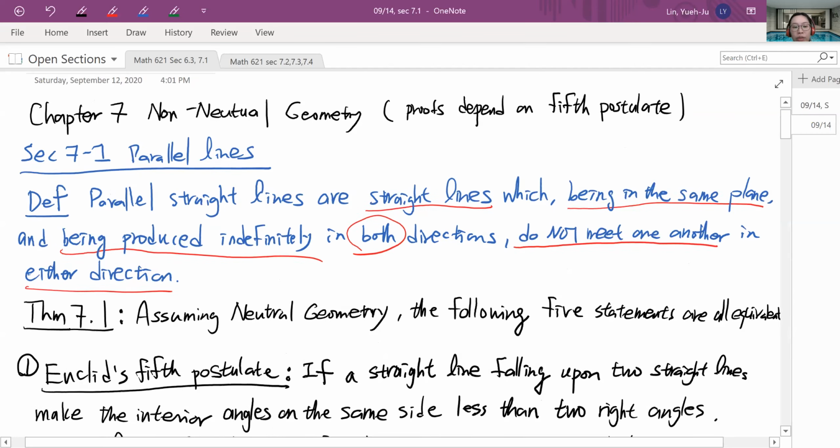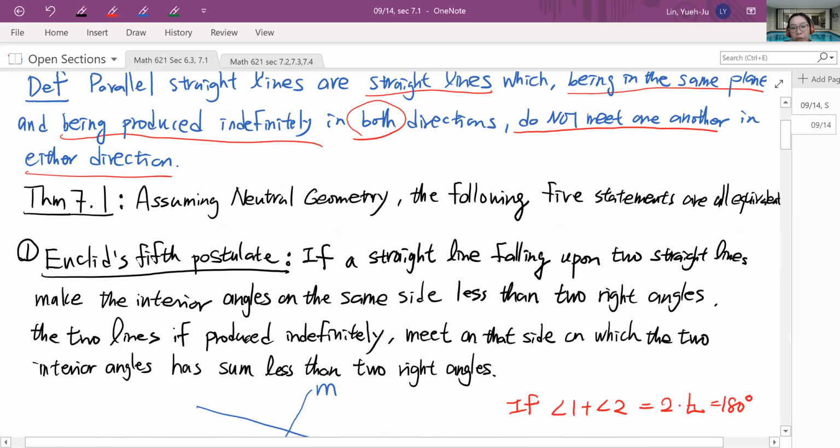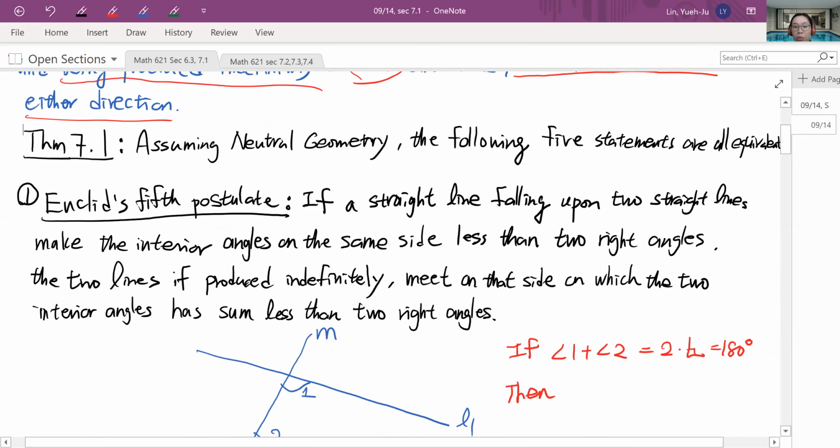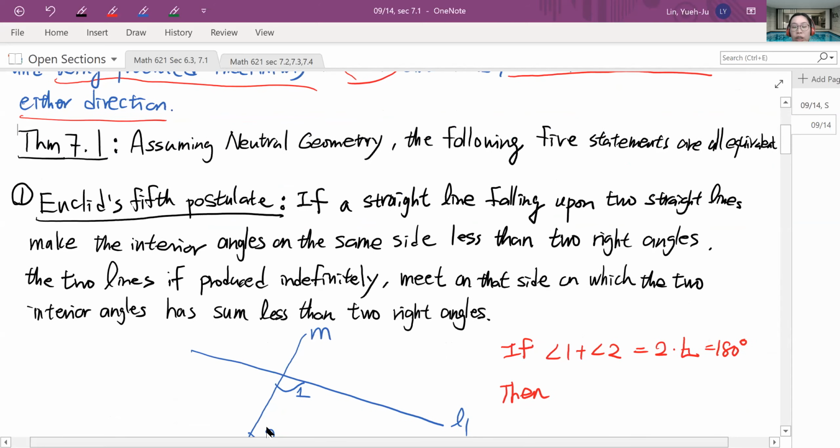Theorem 7.1, the only theorem in this section, is very important because it gives you several equivalent statements of the fifth postulate. Essentially 7.1 tells you that if you assume the first four postulates, meaning neutral geometry, then we can prove that the following 5 statements, one of them being the fifth postulate, are all equivalent.